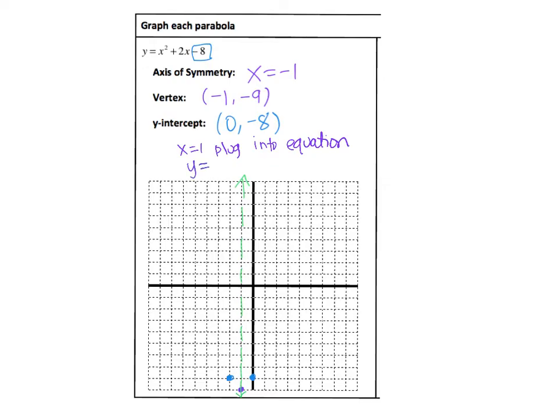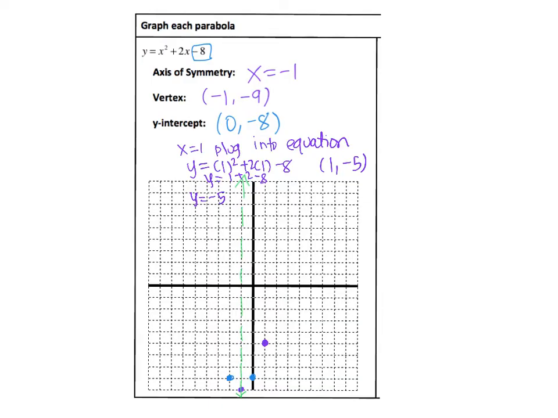So I have y equals 1 squared plus 2 times 1 minus 8. So that means I have 1 plus 2 minus 8. So that y value is 3 minus 8, which is -5. So then I have the ordered pair (1, -5). So I have a positive 1, 1, 2, 3, 4, -5 puts me right here on the graph.